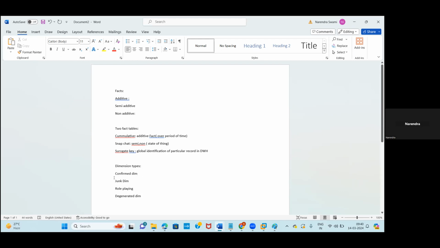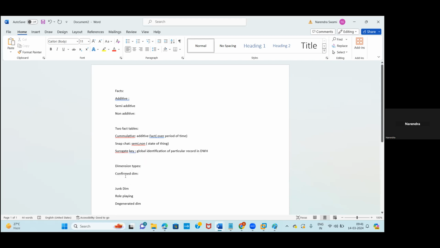Coming to the conformed dimension. A conformed dimension is a dimension which has a relation with two or more fact tables, but the behavior and the definition of the dimension will not be changed.